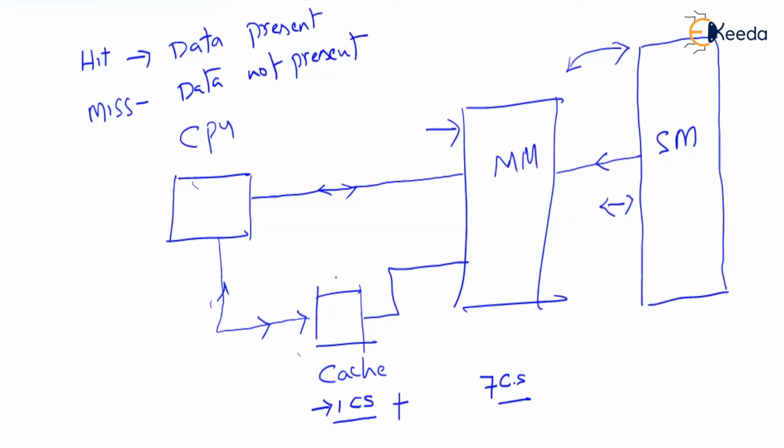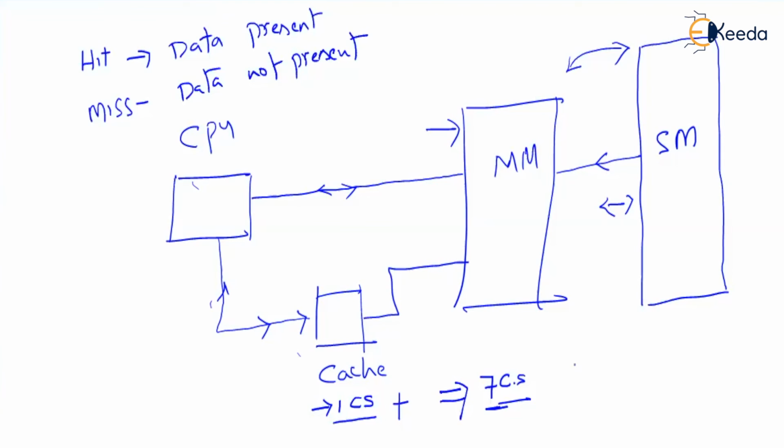When there's a hit, CPU will directly read. When there's a miss, CPU will directly go to the main memory. Got me? Now, in order to access main memory for the data element, I do require 7 clock cycles. So the access difference is 7 and 1. Now, whenever there is a miss in the cache memory, the miss penalty will be a total of 8 clock cycles, because the 1 clock cycle which is wasted at the cache memory will also be added to the total access time.